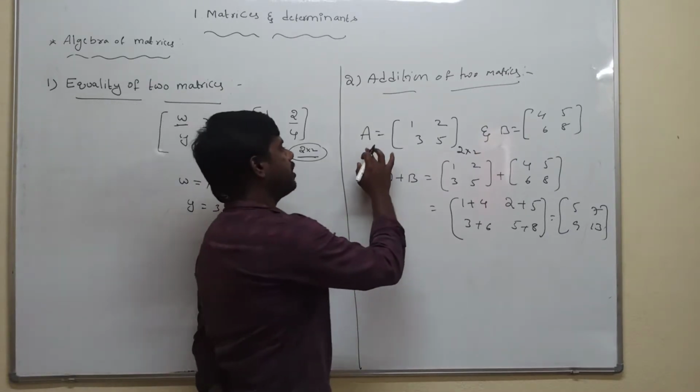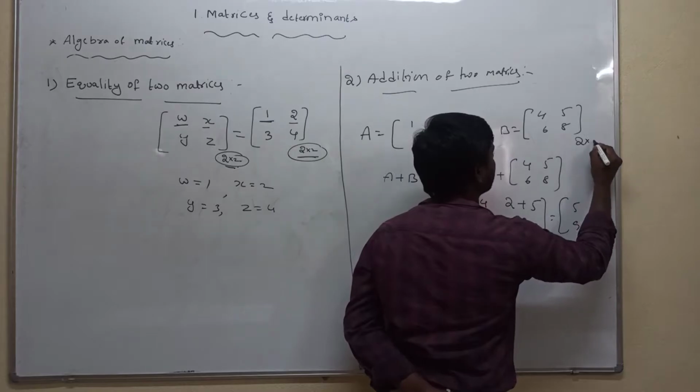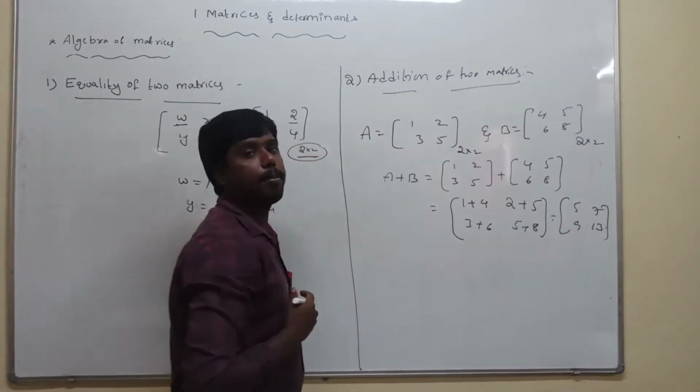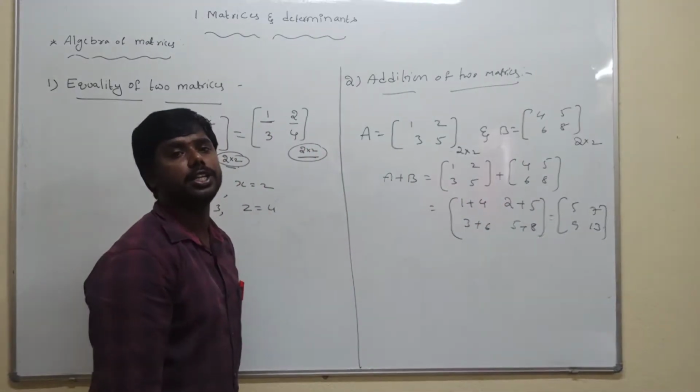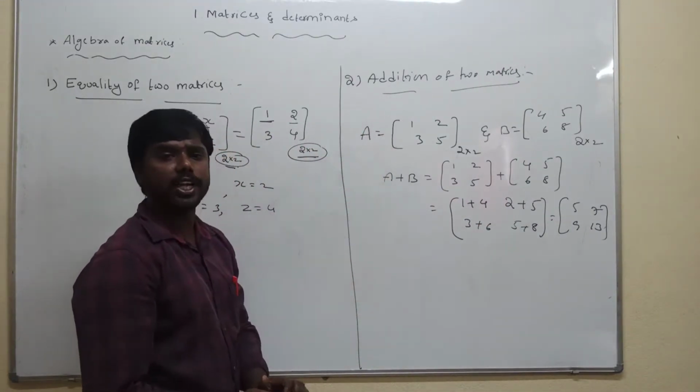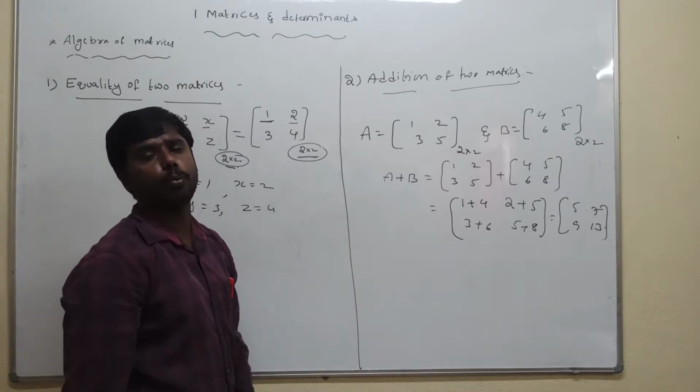This is the condition for the addition of two matrices. Observe here, matrix A and matrix B have the same order. By adding the corresponding elements, it is called addition of two matrices.